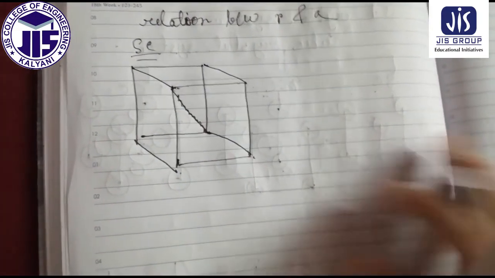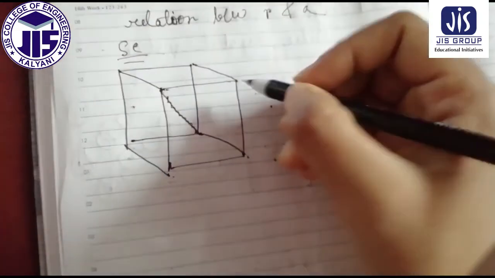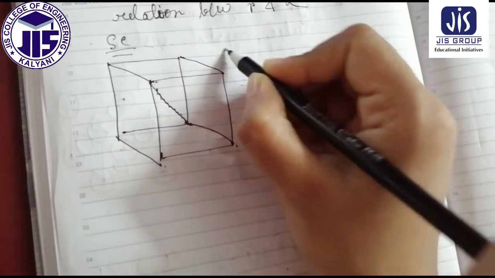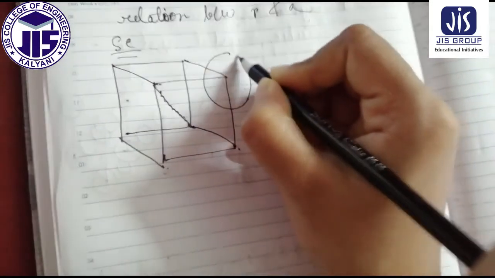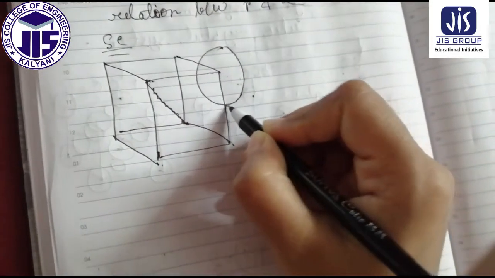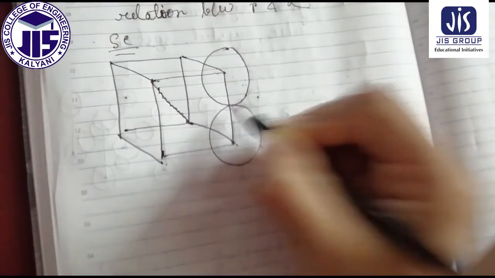For simple cubic, if we consider there is an atomic radius like this and here there is another radius.